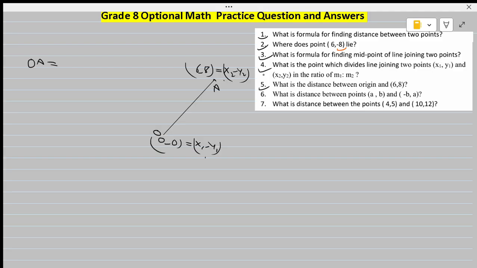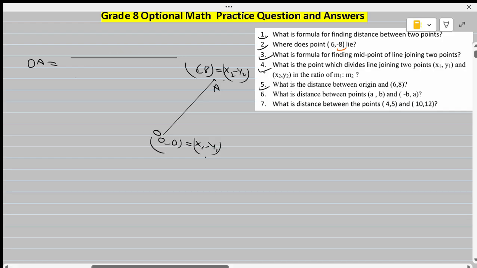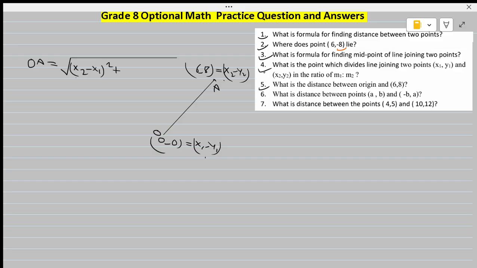For the distance between these two points, we use the rule: square root of x2 minus x1 squared plus y2 minus y1 squared. I'll now put in their values. Here the second x is 6 and the first x is 0, the second y is 8 and the first y is 0.